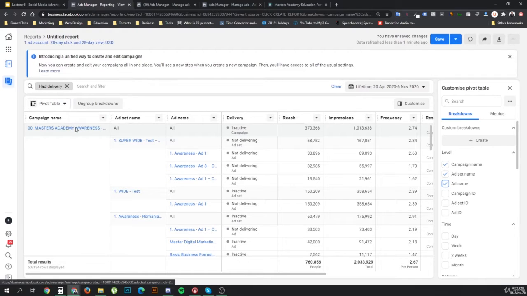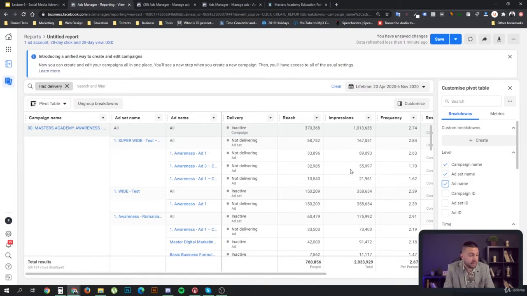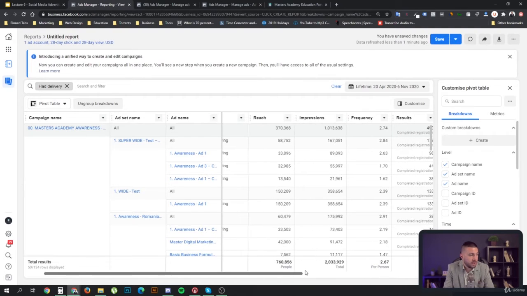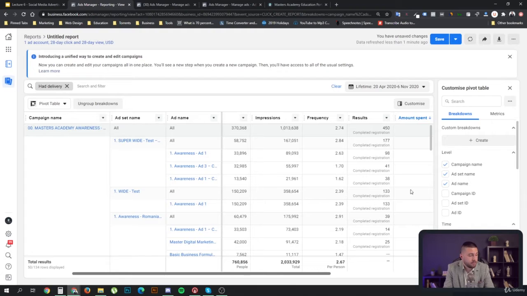So we can see which campaign, which ad set, and which ad produced the actual results. You literally cannot do that inside of Ads Manager. So that's where some of the major advantages of ads reporting come into play.